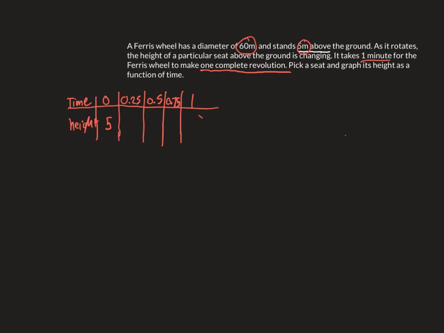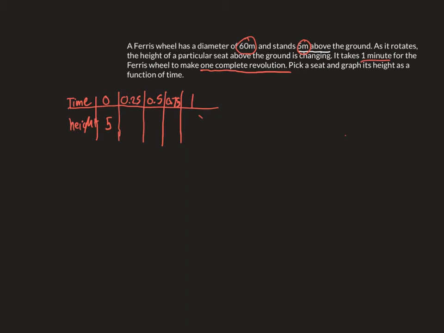So after 0.25 minutes, which is basically 25 seconds, how far up have I gone? Well, I would have gone up 35 meters. Now, how do you know I've gone up 35 meters?